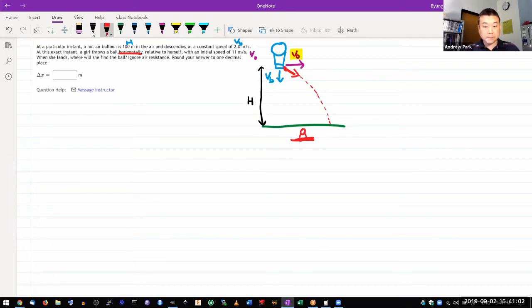So, okay, that's the setup. And the question is asking for where the ball lands relative to the girl, and this will be the delta x that she'll be looking for. The previous question provided quite a bit of guidance in terms of what you should do to solve the question. This question doesn't, but the approach is exactly the same as if the guidance was provided.